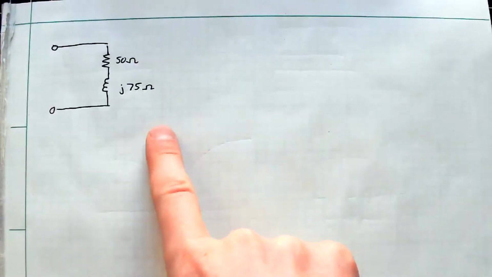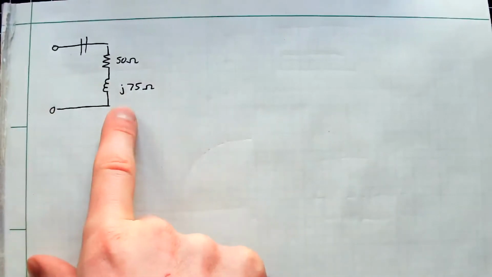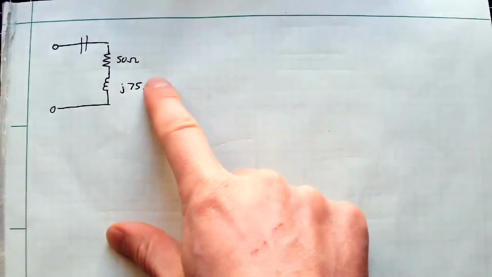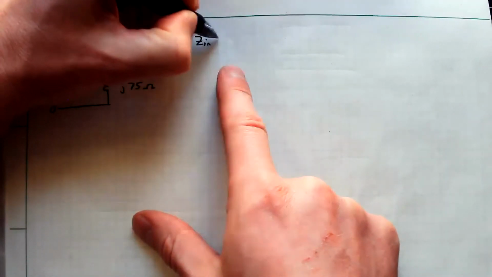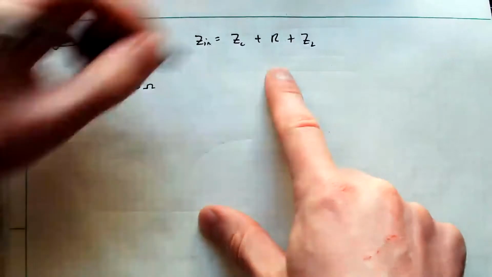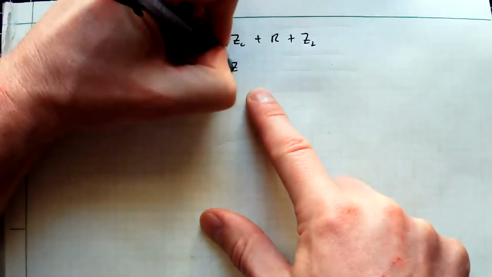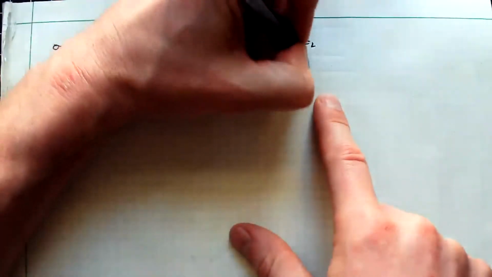All I have to do intuitively is put a capacitor in series here with the appropriate value, and it will negate this reactance. So Z in is going to be the capacitance plus the resistance plus this inductance, which is capacitance plus 50 ohms plus j75.